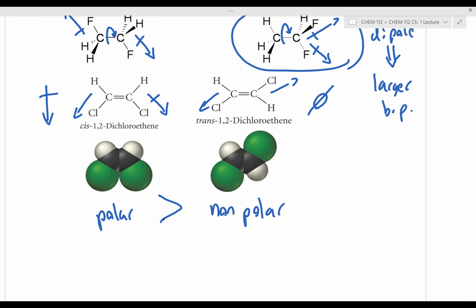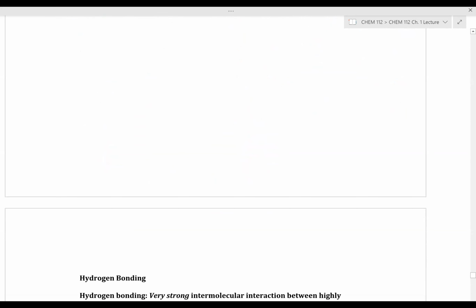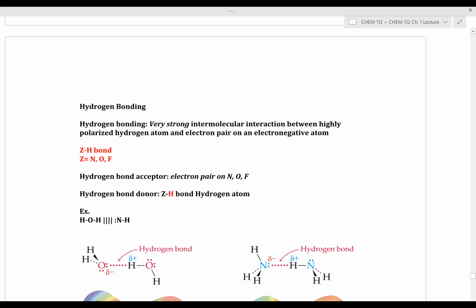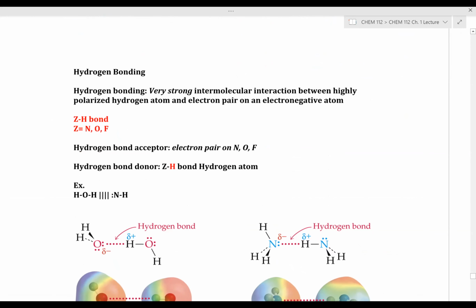Okay, let's talk about one of the more important interactions. This is often a source of very interesting structural features in molecules, and this intermolecular force is known as hydrogen bonding.